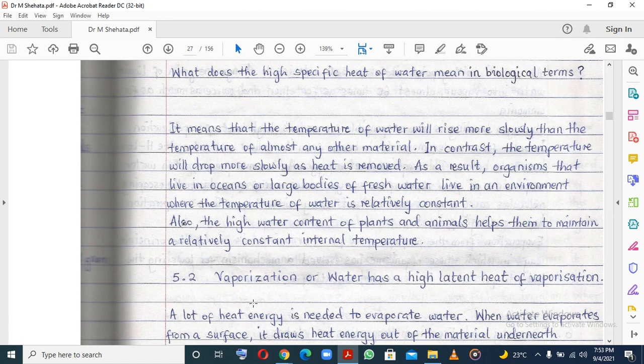Now let me put this into perspective. Try to imagine if the temperature of water would easily rise. Imagine what would be happening to our body temperatures. We would be freezing in June, in winter, all right?